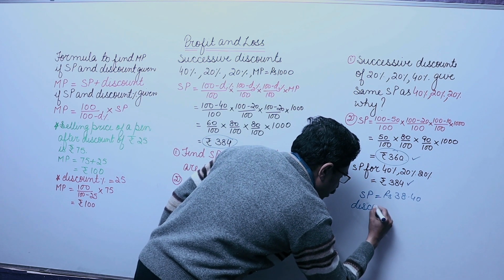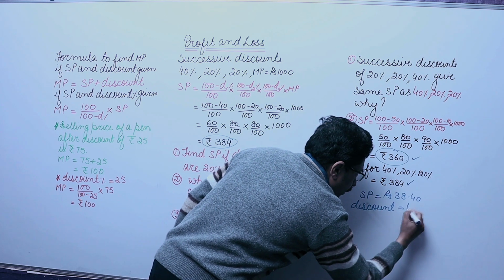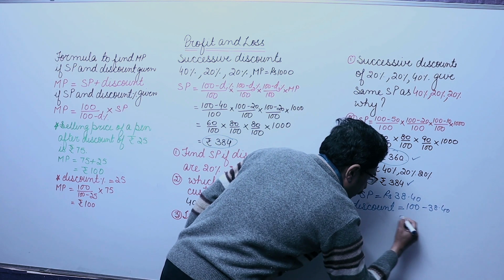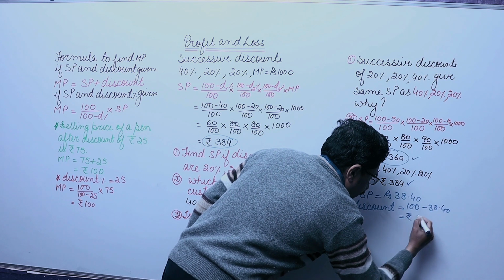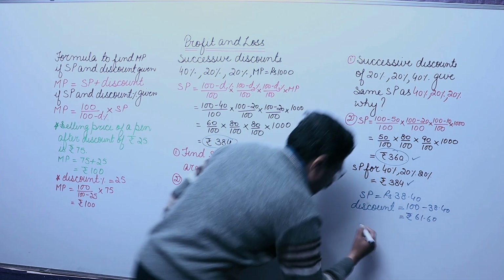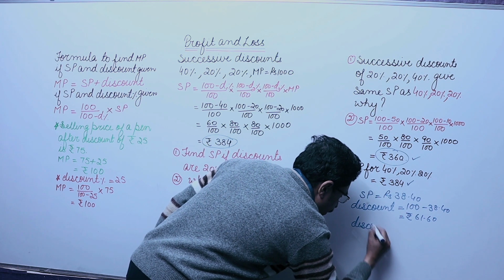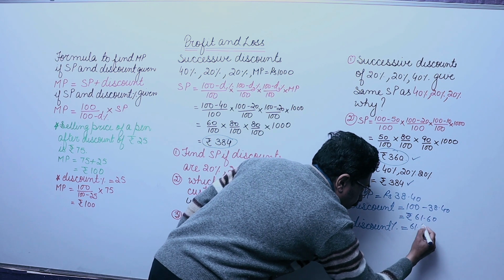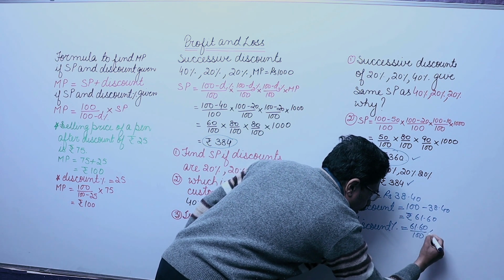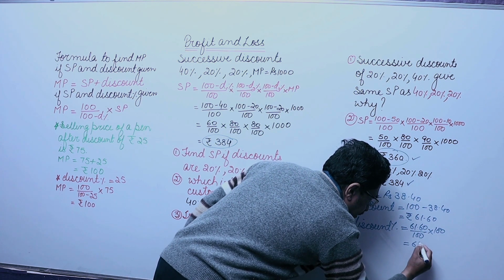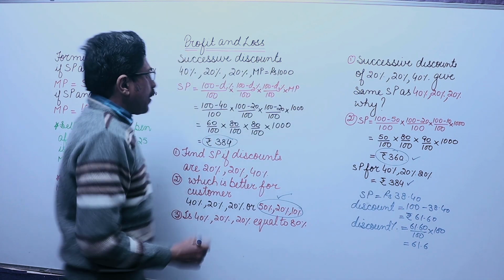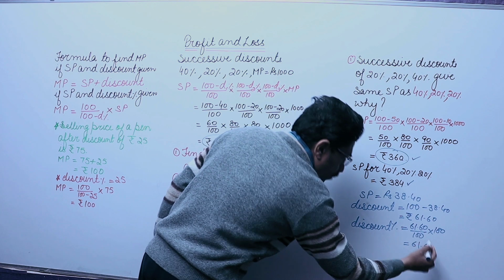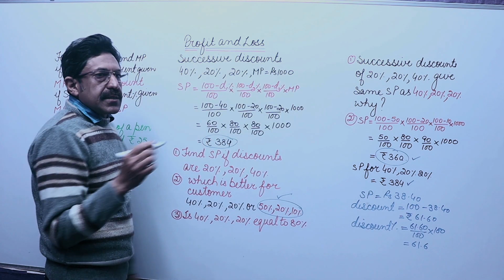Discount in terms of rupees is, and discount percentage, discount over cost price into 100, that is 61.6. So what appeared to be 80% is not 80%, it is 61.6, that is quite less than 80.